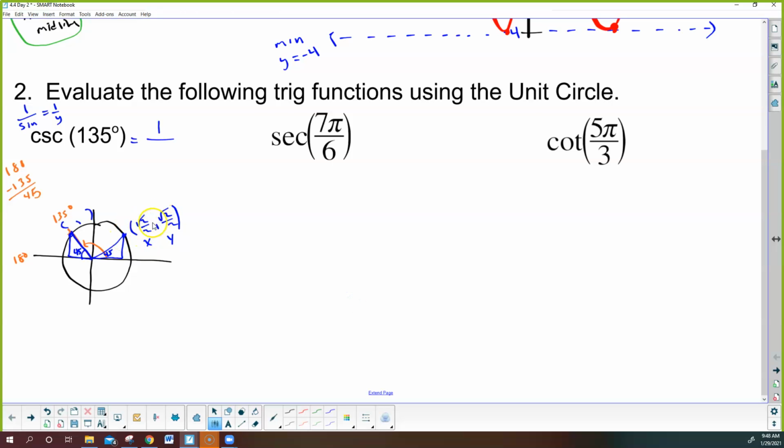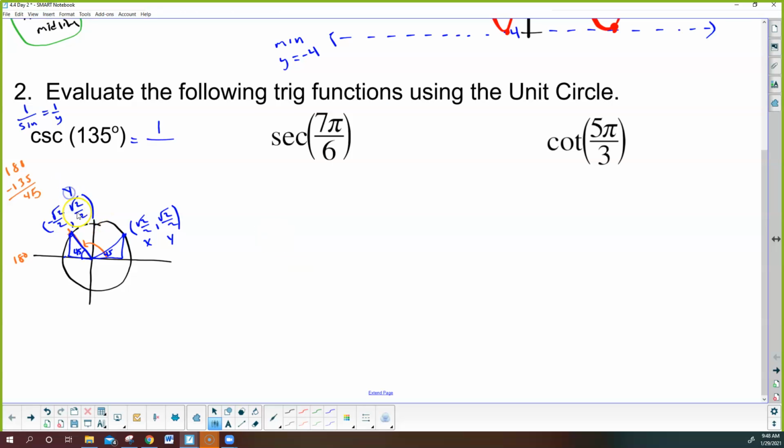So both of these are positive. Well, the location over here now, if I move to the left, that's a negative x value, and if I move up, it's a positive y value. So I don't have a ton of room right here. I make this bigger. So I know that I went to the left, negative square root 2 over 2, because this triangle is the same as this one, so its coordinate points are the same. The only difference is this is a negative x and it's a positive y.